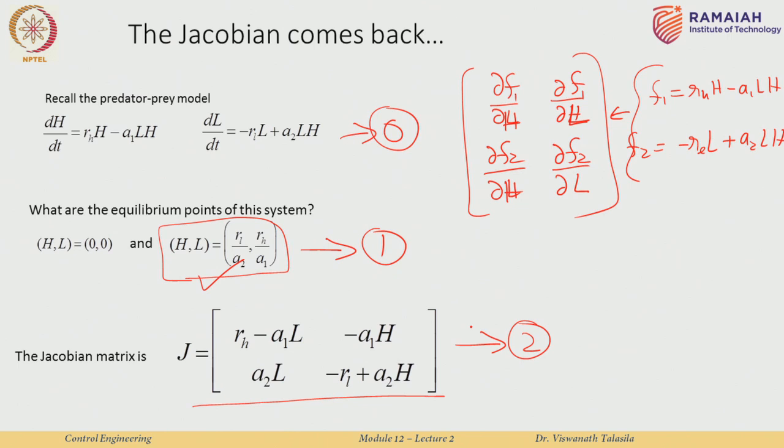Now, in order to derive the linearized system, we are going to substitute the values of H and L into the Jacobian.